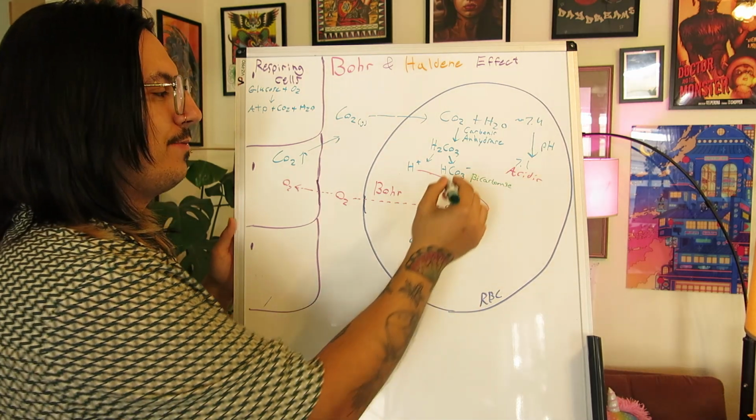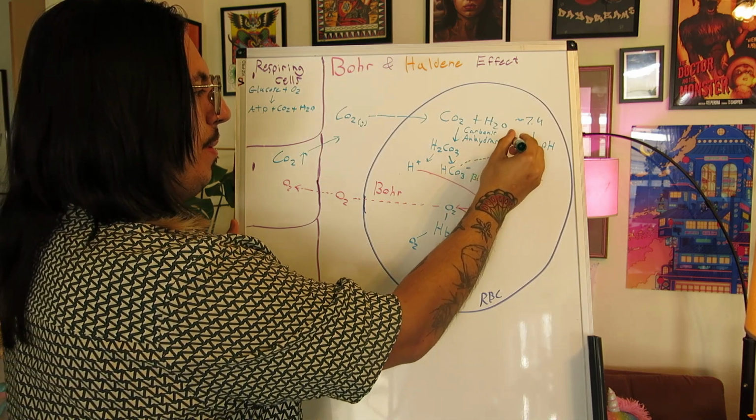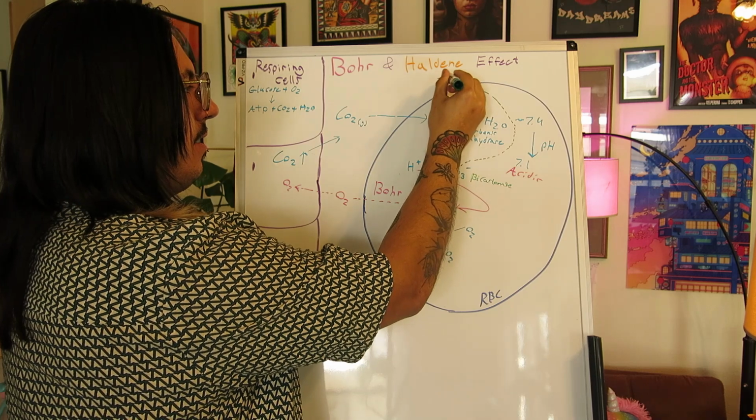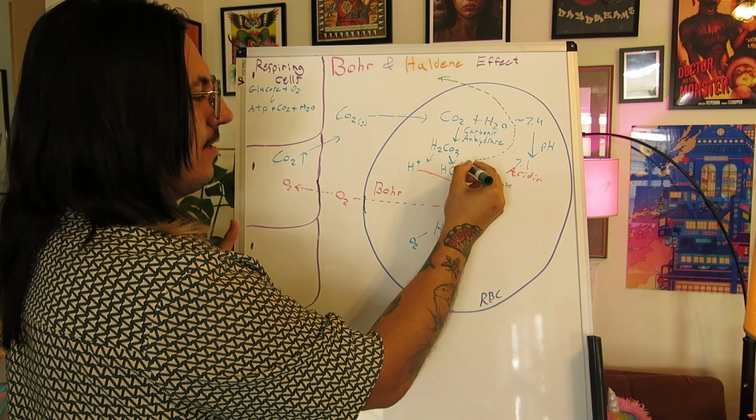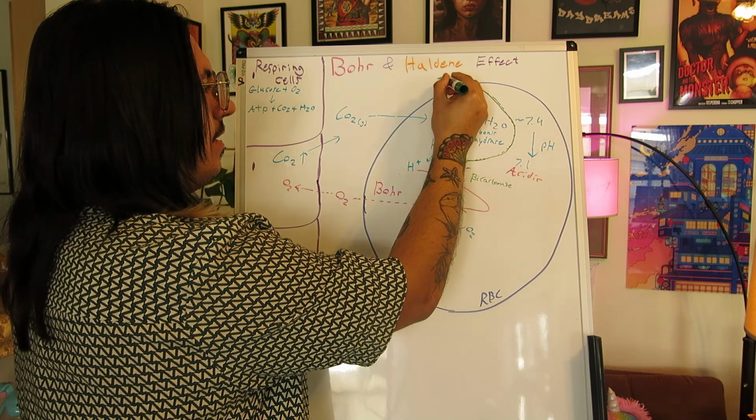The cell is going to actively transport it out. It's going to get kicked out. Well, I shouldn't dash it, because we're spending energy to get rid of that. So it's going to leave.